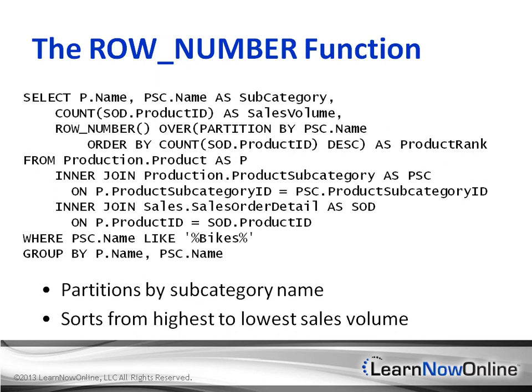You can see that we're ordering by a count of our product ID, how many orders have been placed for that particular product, and we'll do that in descending fashion. What we're going to end up with is buckets of product categories showing our best sellers for each subcategory.